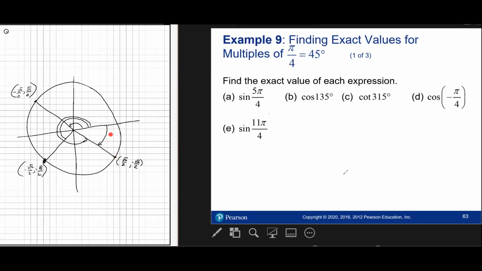Because a negative 45 degrees just brings us to the same place as 315 degrees. They have the same terminal side. And so we use the same numbers here for the cosine. The cosine is the x value. So that's square root of 2 over 2.